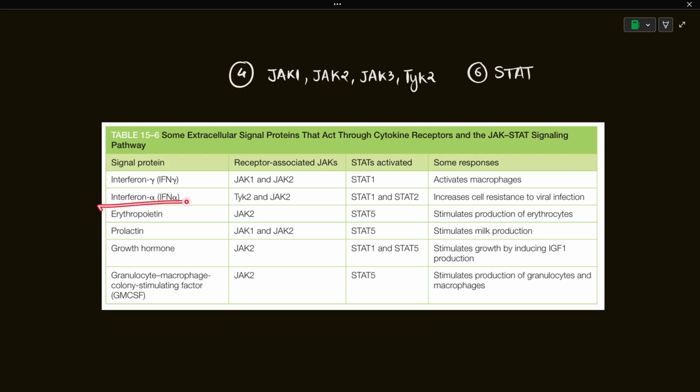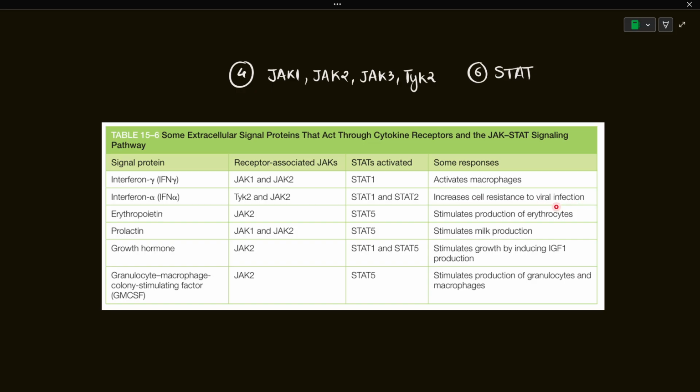The interferon alpha, okay, both of them are released by the activated immune system. The receptors for interferon alpha are associated with TYK2 and JAK2.